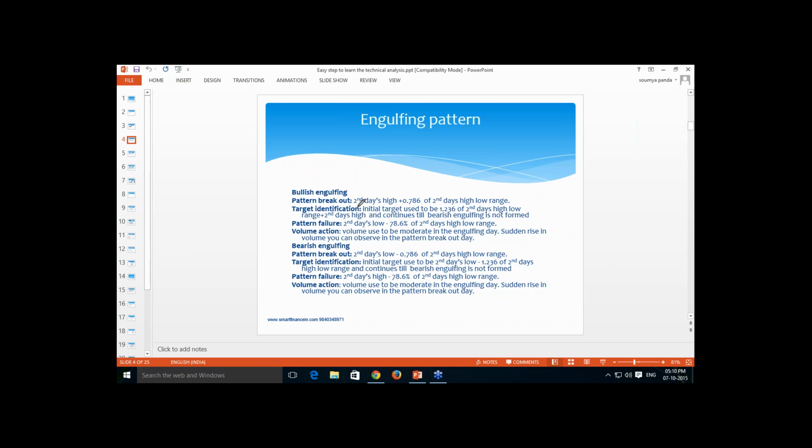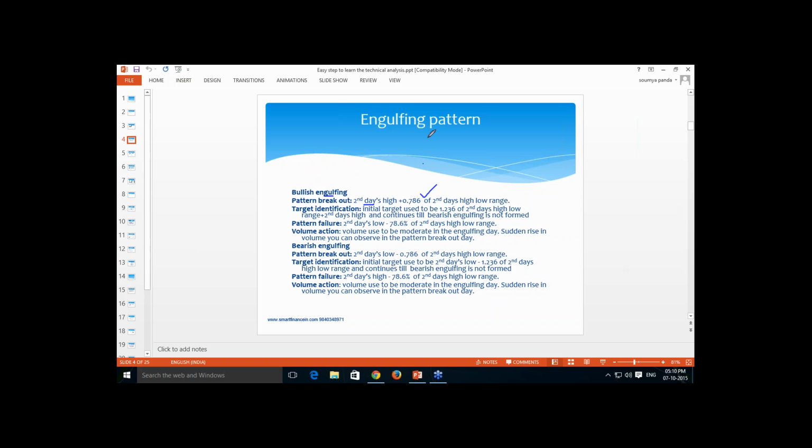So now, the pattern breakout in the bullish engulfing pattern: the second day's high added with the 0.786 retracement of the second day's high and low range. Why 0.786? Why not 0.618? Why not 0.5? Why not 0.236? Because the 0.618 to 0.786 retracement is considered your death zone.